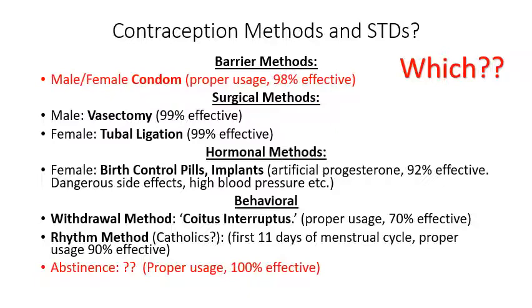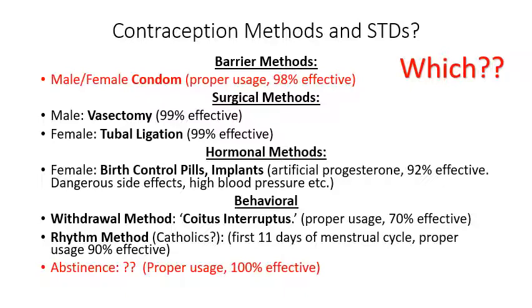Okay, so in fact, only two of these contraceptive methods are effective at preventing sexually transmitted diseases. The barrier method, which uses male or female condoms, is quite good, but not 100% effective, but pretty good at preventing sexually transmitted diseases from being transferred.